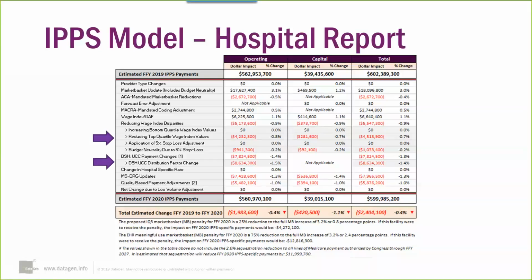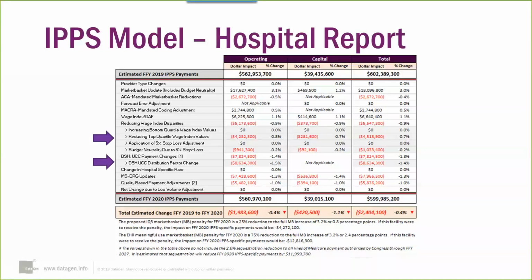For 2020, there is a breakout for the proposals to reduce wage disparities, as well as changes to the uncompensated care factor 3. These indented pieces, designated by the arrows, do not attempt to sum down the entire column. These pieces are breakouts of the value above them. So that $4.2 million and $941,000 for reducing top quartile and the budget neutrality add up to the reducing wage disparities line.